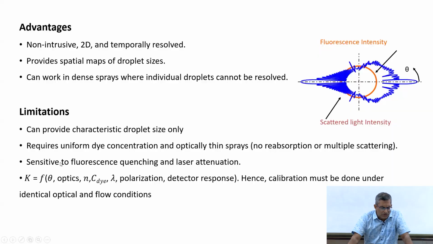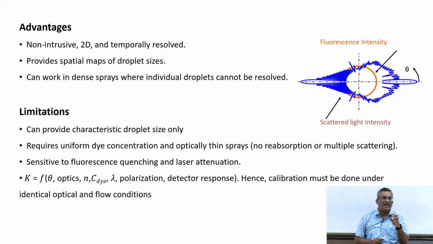And there are other practical issues, like it is sensitive to fluorescence quenching and laser attenuation. Fluorescence quenching is that as light passes through the droplet, some of the light is also absorbed due to the fluorescence dye you are using.